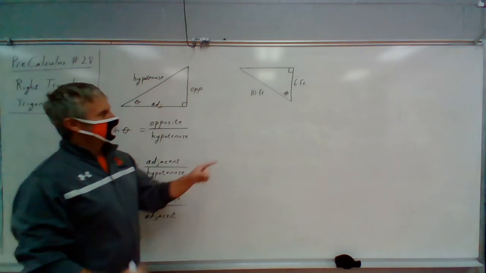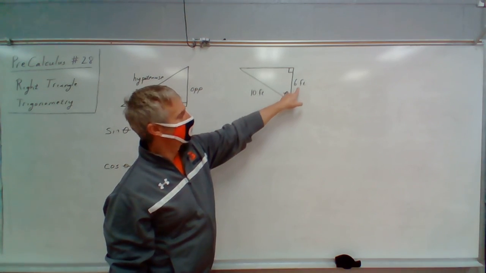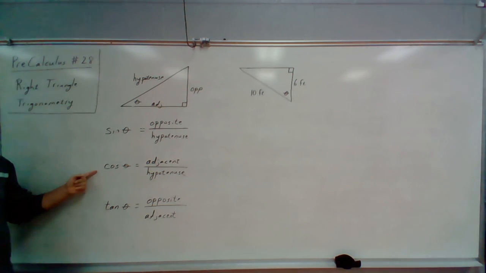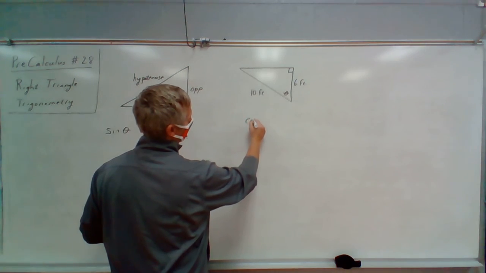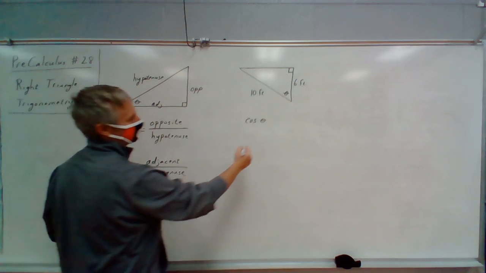All right, relative to this angle theta, I know the adjacent side and the hypotenuse. Well, that's going to involve cosine. So cosine of theta, I don't know what theta is this time, so I'm just going to leave it as theta.